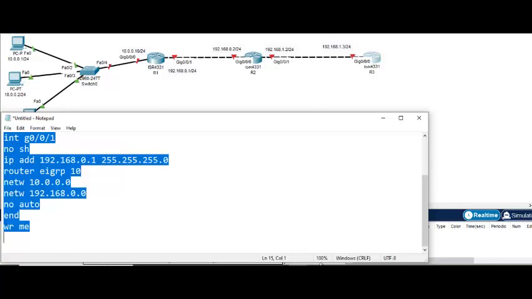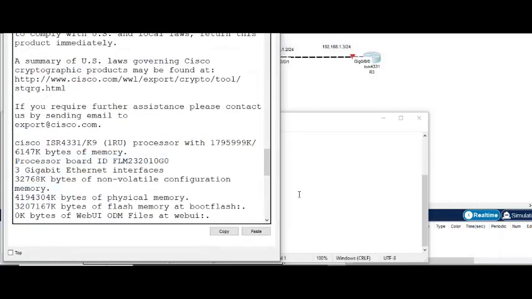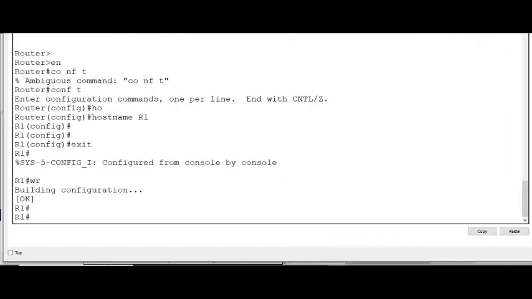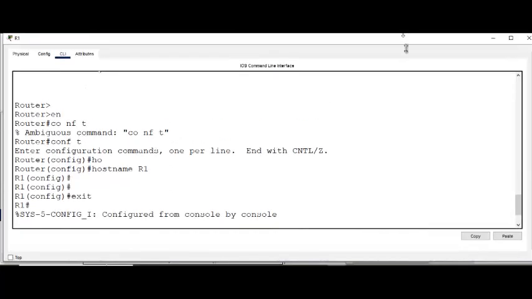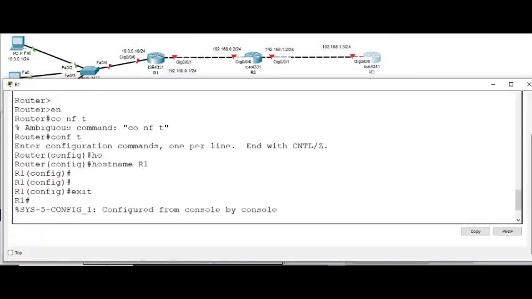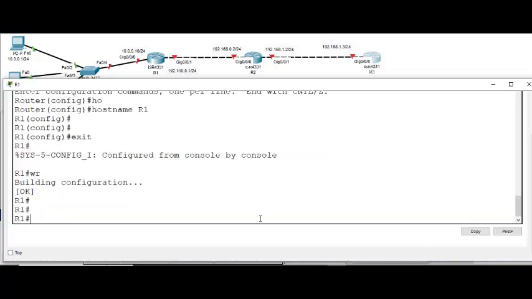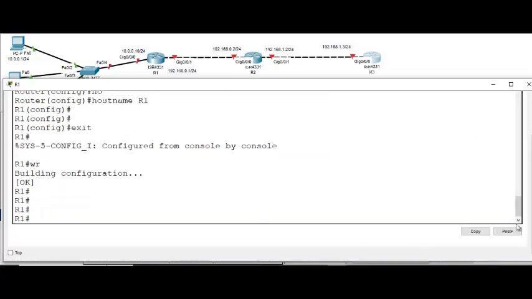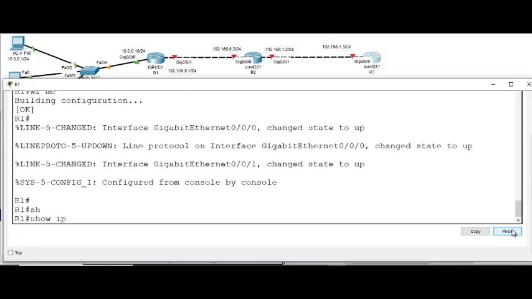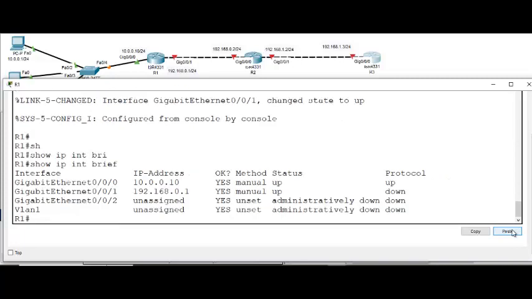This goes on router 1. Verification: show IP interface brief. I should see two interfaces. It is there. Now, router 2.